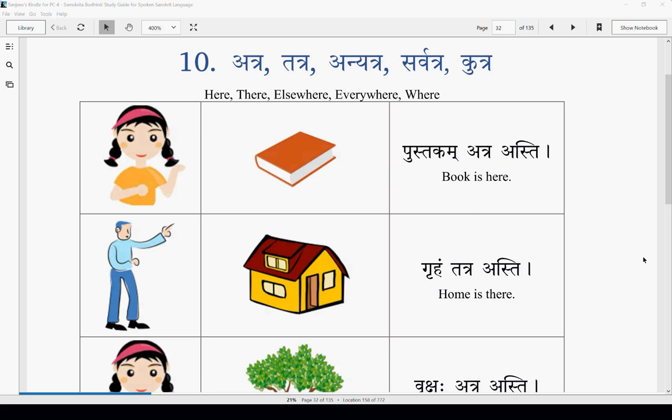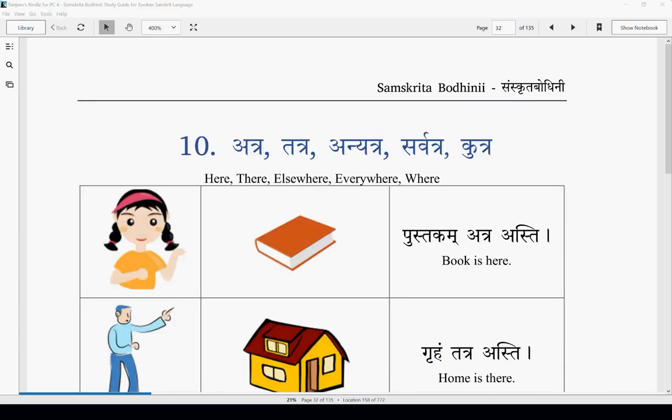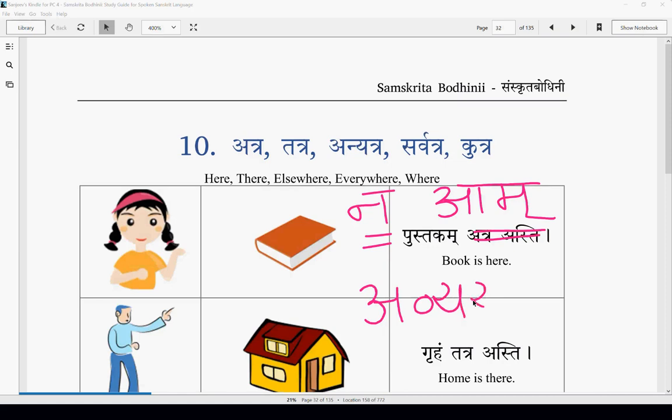However, there are some words we studied already that do not have lingam, like na and am. These are called avyayam. Avyayam means non-declinables, or simply they do not have lingam.